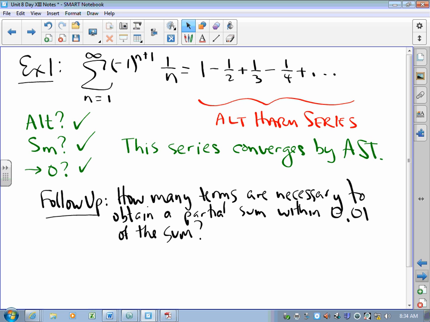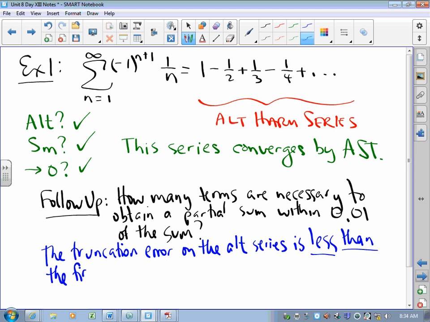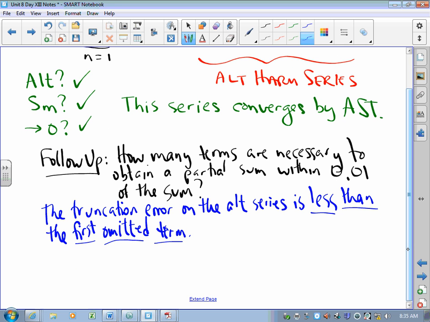Now, here's the kicker on this. The truncation error on an alternating series is less than the first omitted term. So what does that mean?